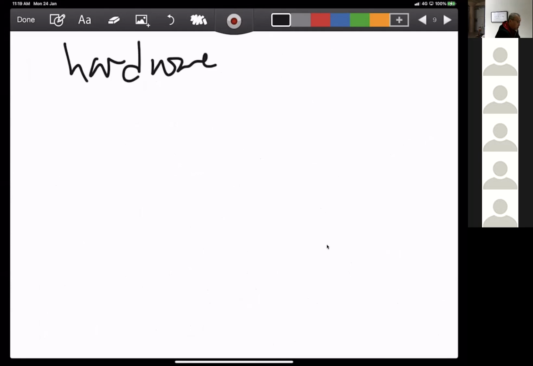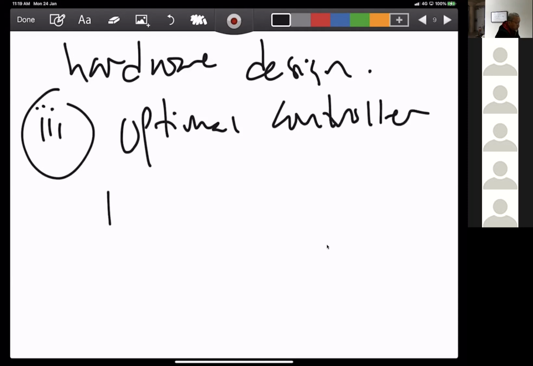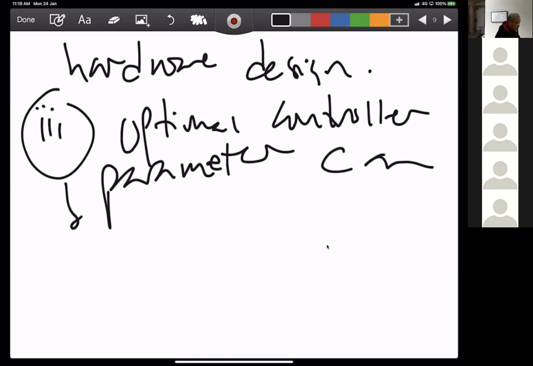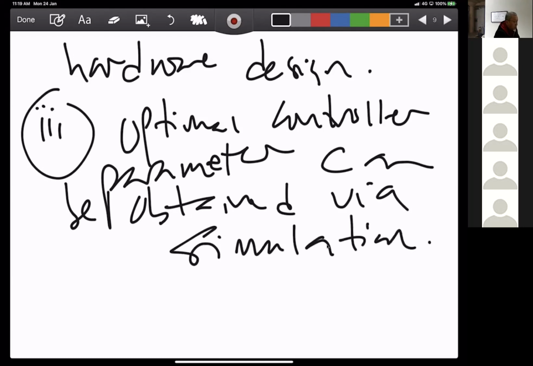Okay. Number 3. Optimal controller parameter can be obtained via simulations. Okay.